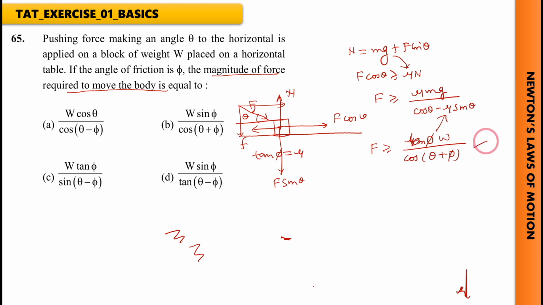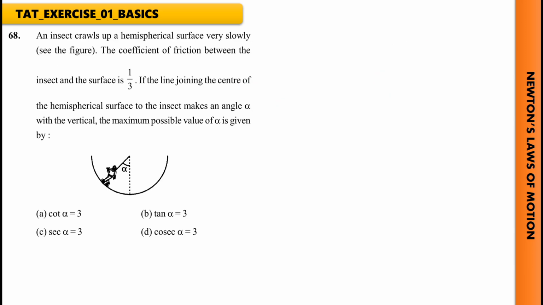And in the denominator cos phi will remain, so that will cancel out. So we will get sin phi into W divided by cos of theta plus phi. B will be the answer to this question.